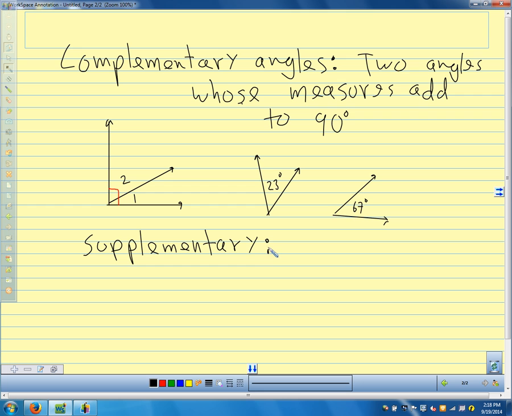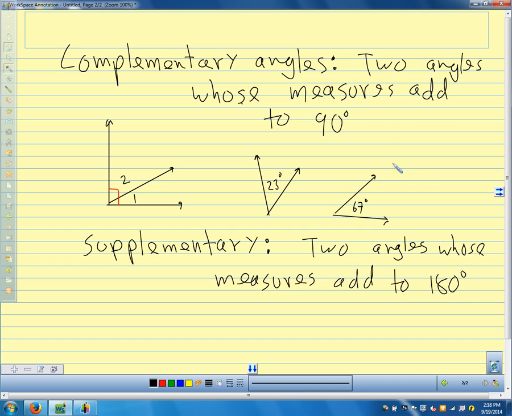Supplementary. So if complementary angles add to 90, what do you think supplementary angles add to? 180. So their measures add to 180. And I want to go back here really quick.